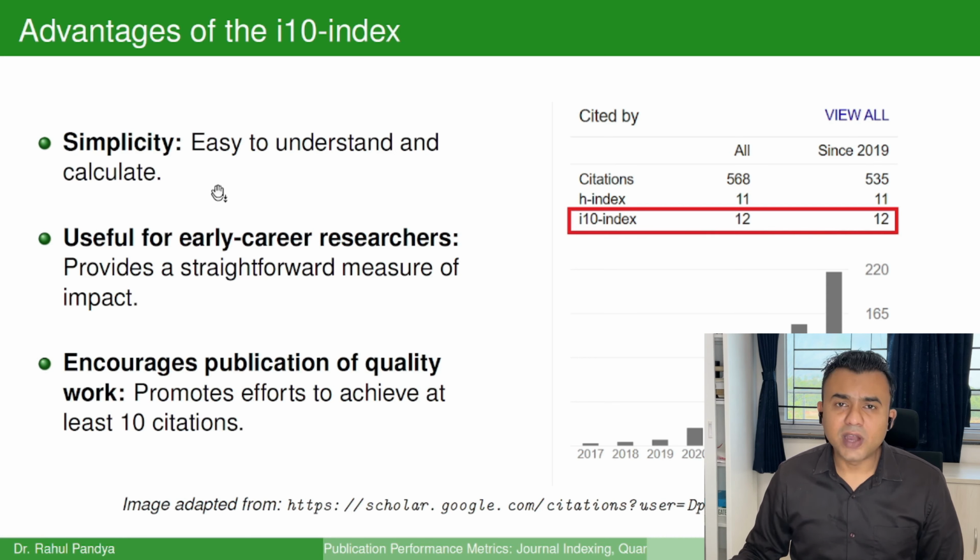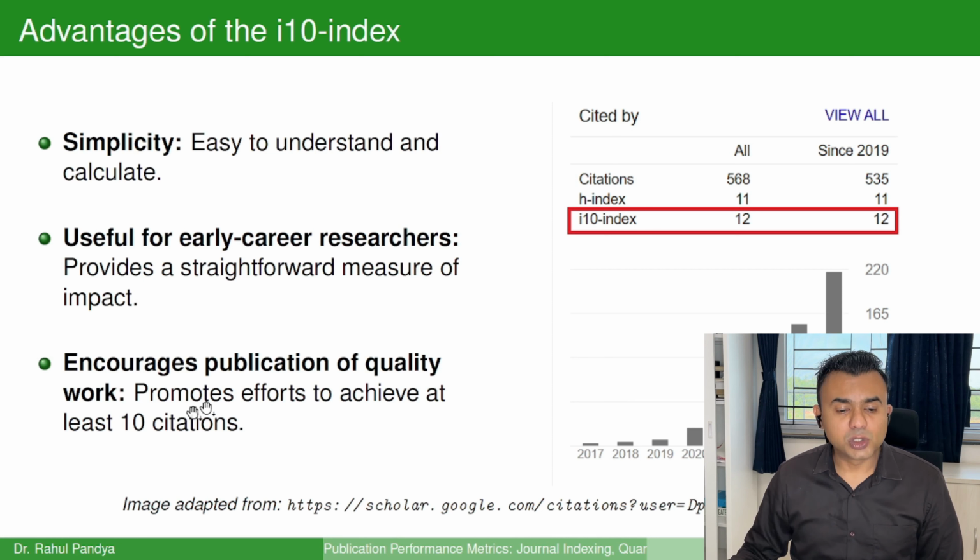The advantage of i10-Index is that it is simple to understand and easily calculated. That's why it is very famous and used by many organizations to measure the impact of researchers. It is useful for early career researchers as it provides a straightforward measurement of the impact of their research work.